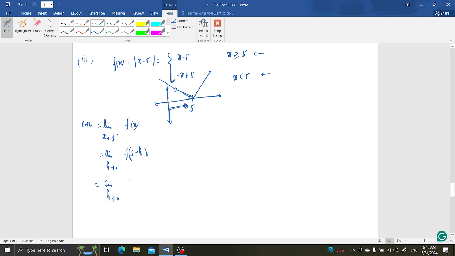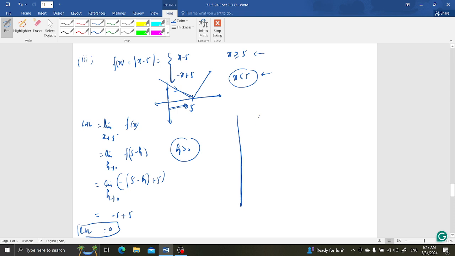Limit h tends to 0, 5 minus h comes from the second piece, because h is a very small positive quantity, so it is on the left of 5 always. So we have minus of 5 minus h plus 5, and if we apply the limit, minus 5 plus 5, 0 ultimately, that is your LHL. We also observed it from the graph.